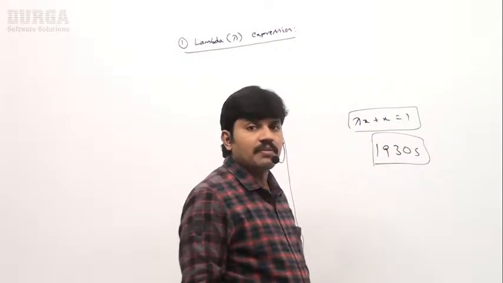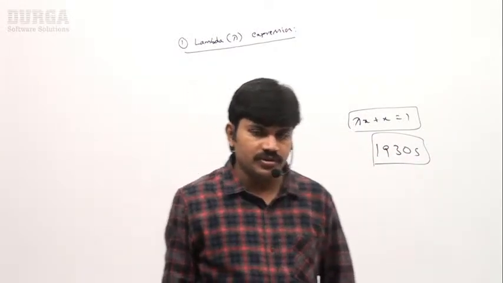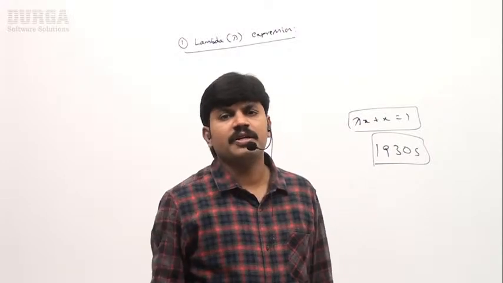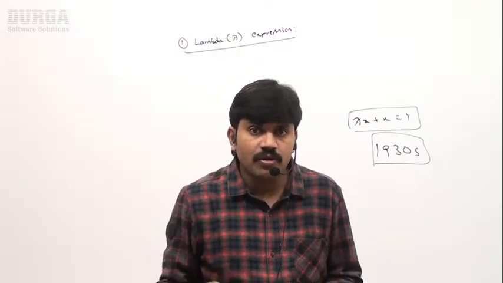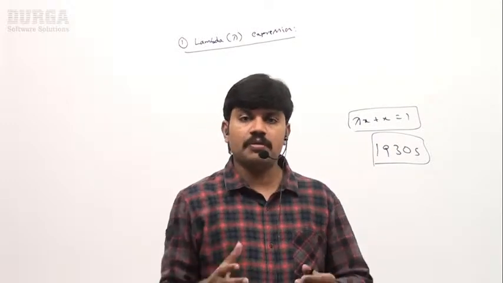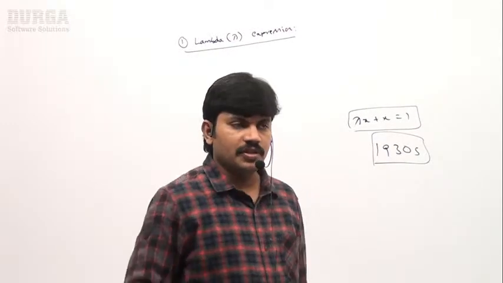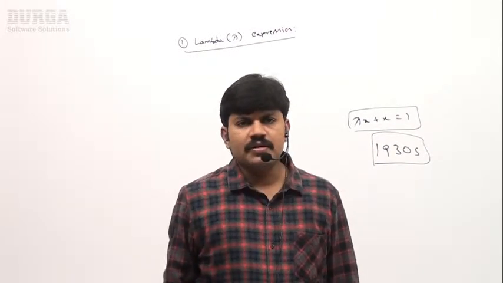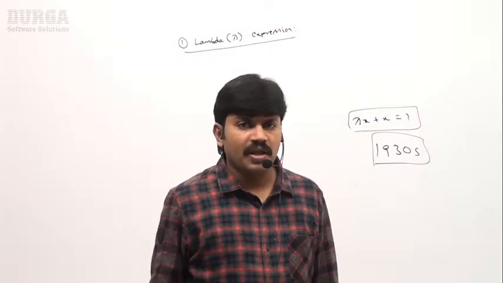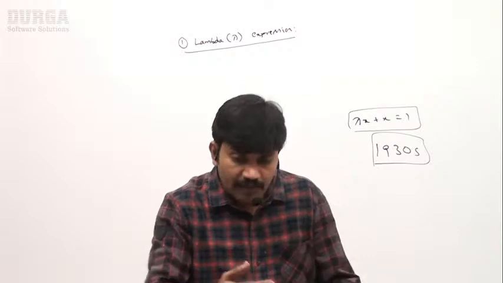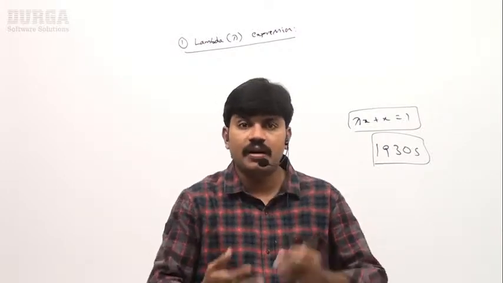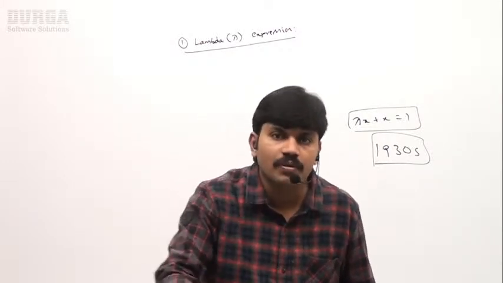In the 1930s, lambda calculus first came into the mathematics world, sir. It was a big change in the mathematical world. Mathematics got N number of benefits with this lambda calculus, right? Big problems were also solved very easily with this. Sir, slowly, because of the benefits of lambda calculus, programmers also started using lambda expressions in the programming world.